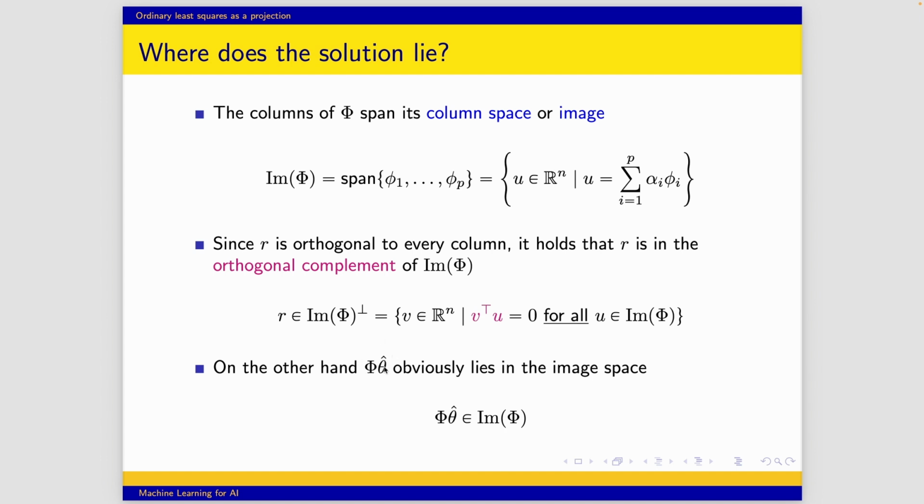We're multiplying theta hat by phi, and that gives us a vector in Rn, which has to lie in the image space of our linear transformation, phi, our matrix, as a linear transformation. So our approximation lies in the image space, whereas this residual, the difference between the true data vector and our approximation, lies in the orthogonal complement of the image space.